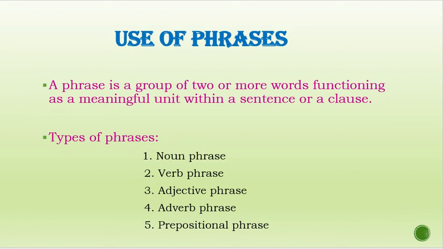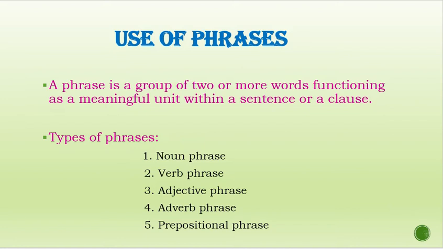A phrase is a group of two or more words functioning as a meaningful unit within a sentence or a clause. What is a phrase? A phrase is a group of two or more words functioning as a meaningful unit within a sentence or a clause.